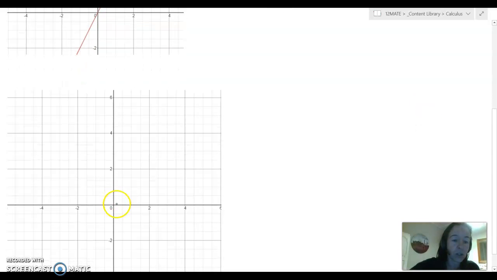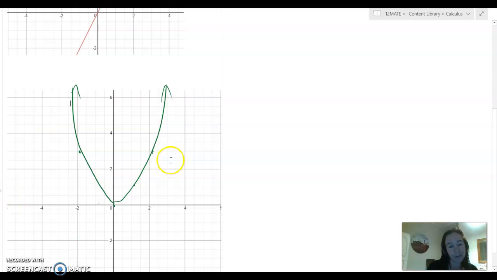So I'm just going to start here, and remember we go 1 across, 1 up, 1 across, 2 up, 1 across, 1 up, 1 across, 2 up, and kind of sketch. That's a very bad little graph there, but you kind of know what I mean.